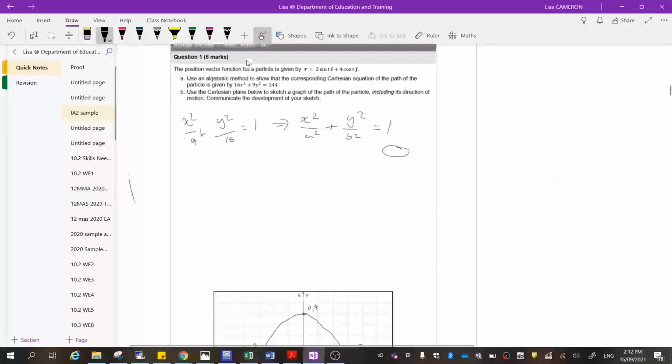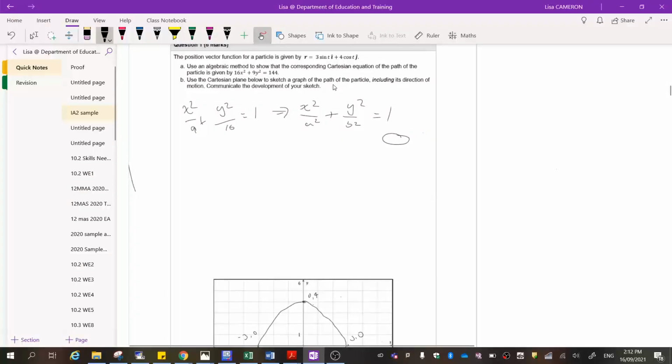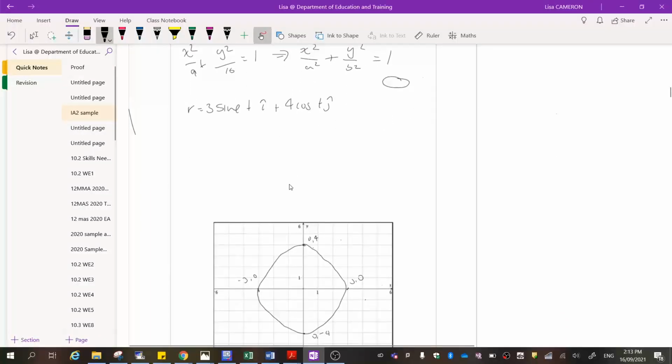If we have a look at the original equation, we've got r equals 3 sin t i plus 4 cos t j. Now, to find its motion and direction, we can sub in values of t, because this is a position equation.